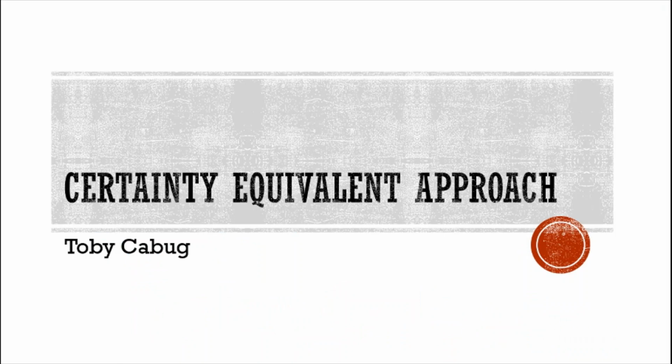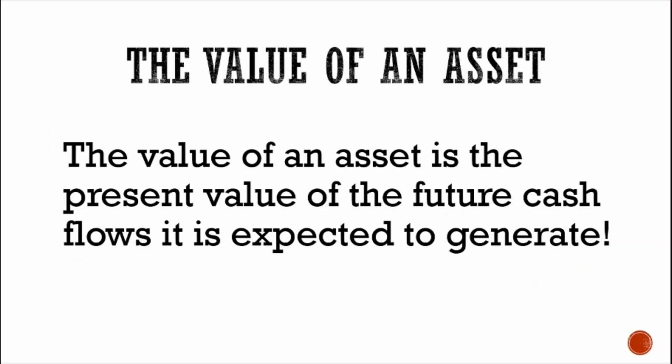Hi guys, welcome back. Today we are going to talk about the certainty equivalent approach in the discounted cash flow technique. We all know the value of an asset is the present value of the future cash flows it is expected to generate.